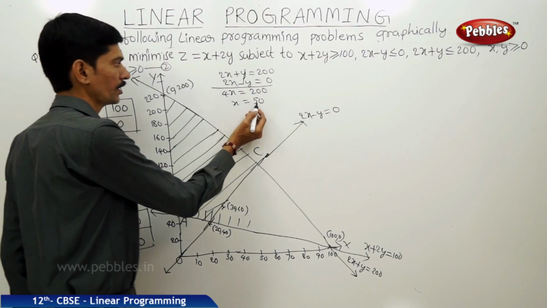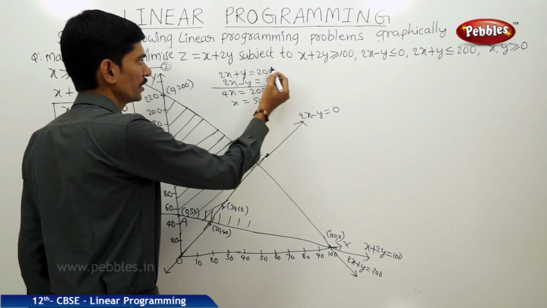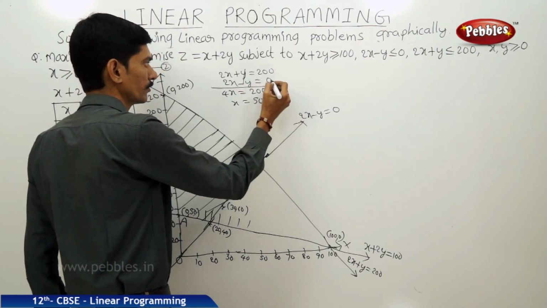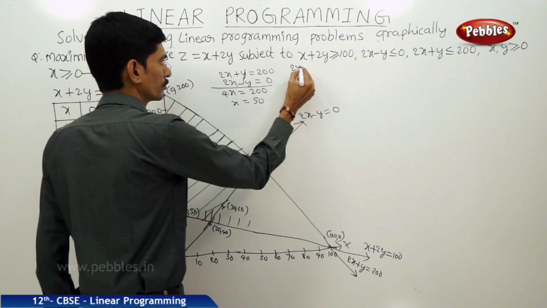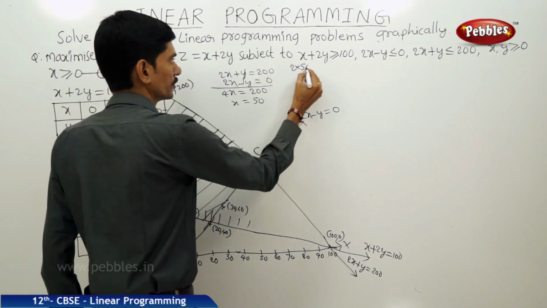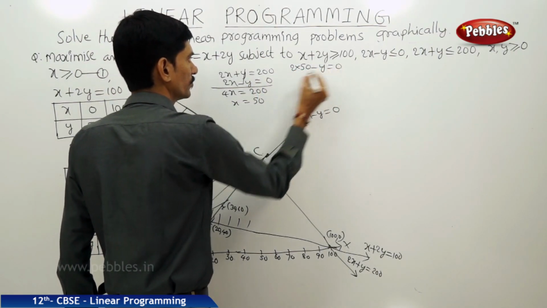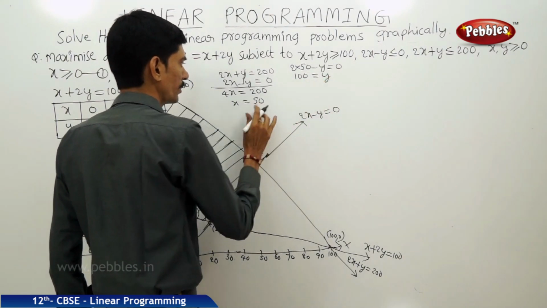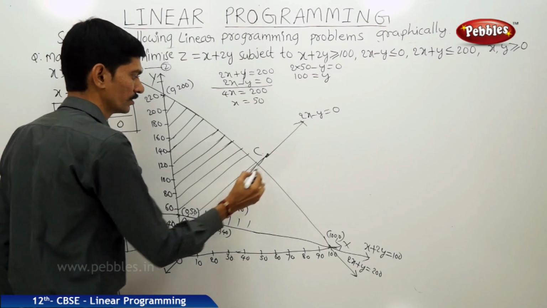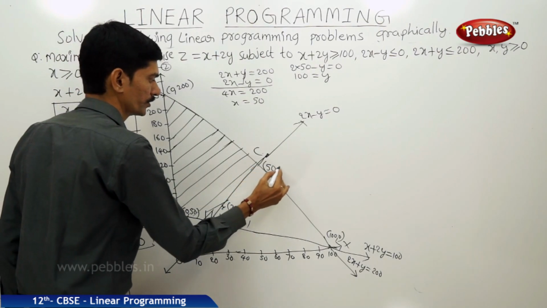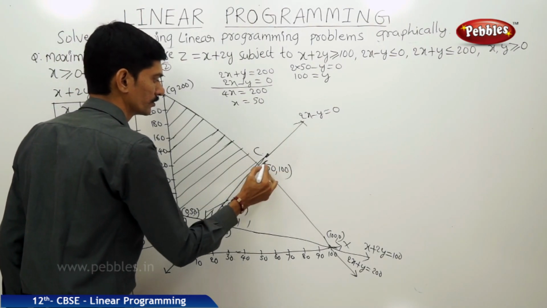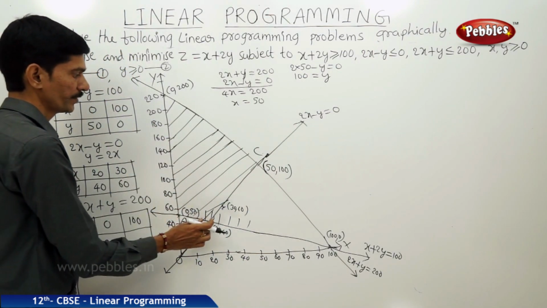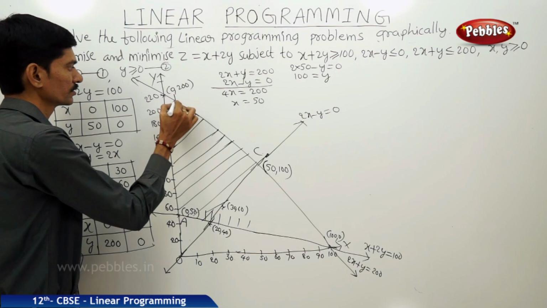If you substitute x value 50 in any of these two equations, then if you substitute in the second equation, you will get y value. 2x means 2 into 50 minus y equal to 0, then 100 equal to y. So x value 50, then y value is 100. 50, 100. And A, B, C and this is D.